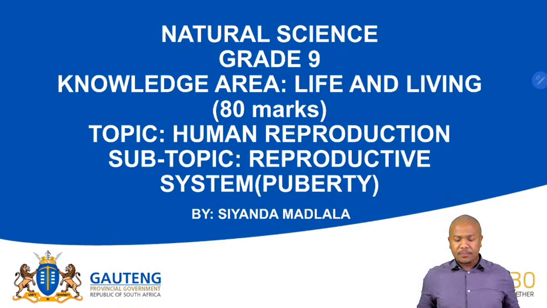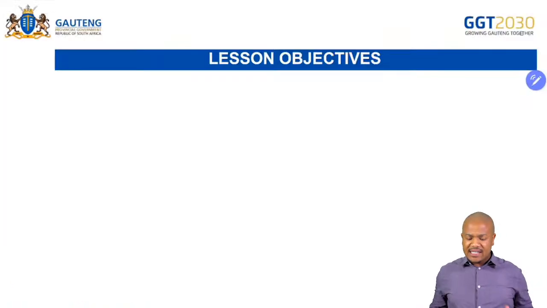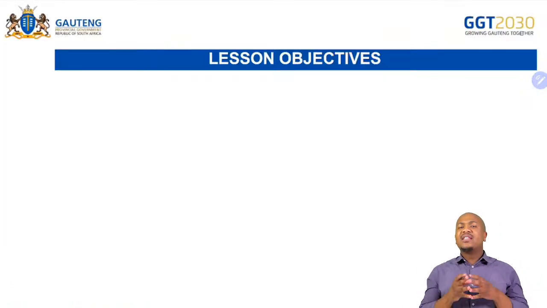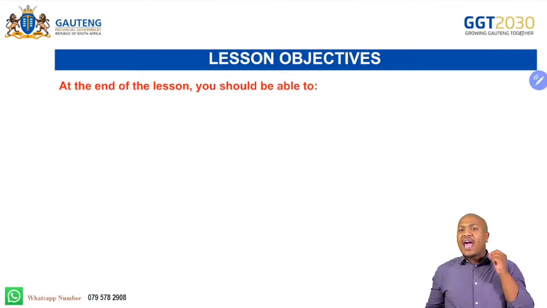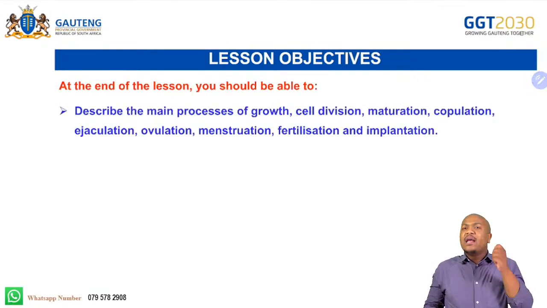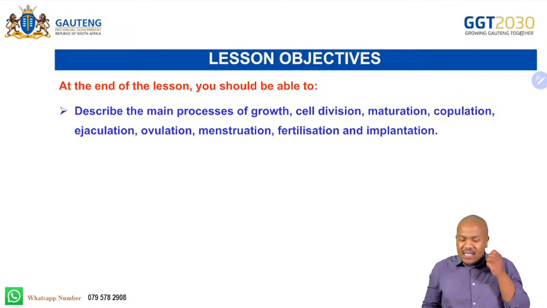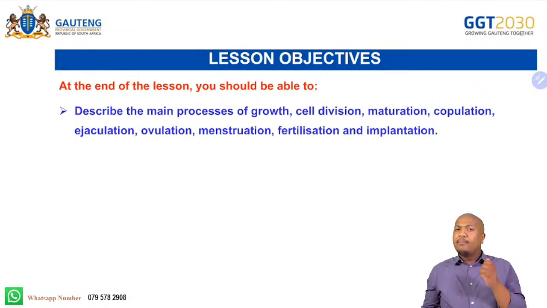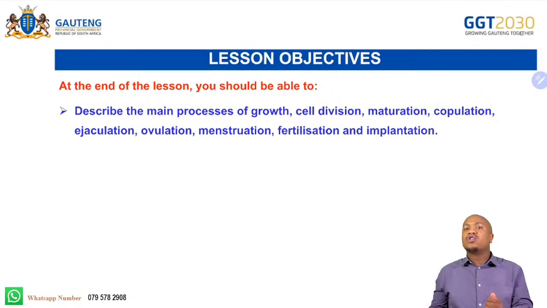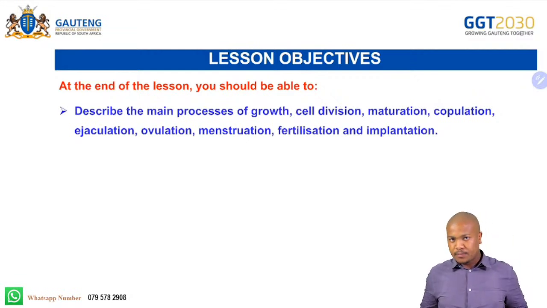Now, let's move on to our lesson objectives. Remember, this is what we need to achieve by the end of this lesson. You should be able to describe the main processes of growth, cell division, maturation, copulation, ejaculation, ovulation, menstruation, fertilization, and also implantation.